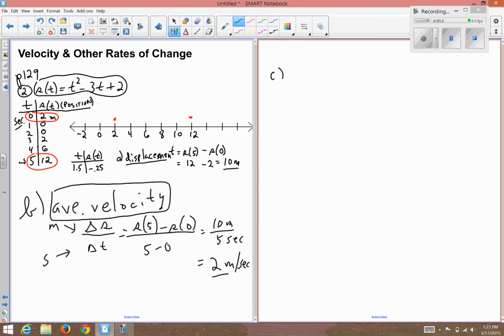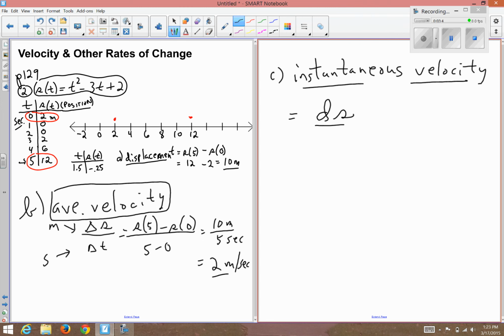Part C, the instantaneous velocity. That phrase, instantaneous velocity, means the derivative of the position with respect to t. Notice average velocity, delta s over delta t.